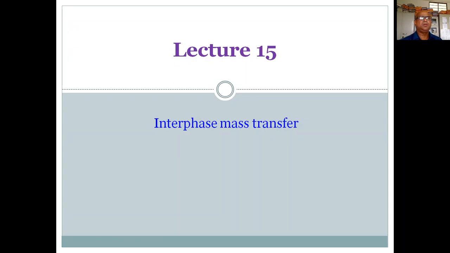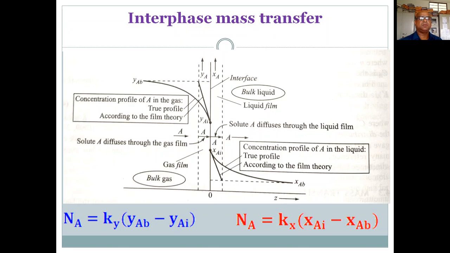Then we took some overview of thermodynamics in equilibrium. We discussed Raoult's law, Henry's law, and also for liquid systems we discussed the partition coefficient or distribution coefficient. Today we will discuss more about this interface mass transfer.